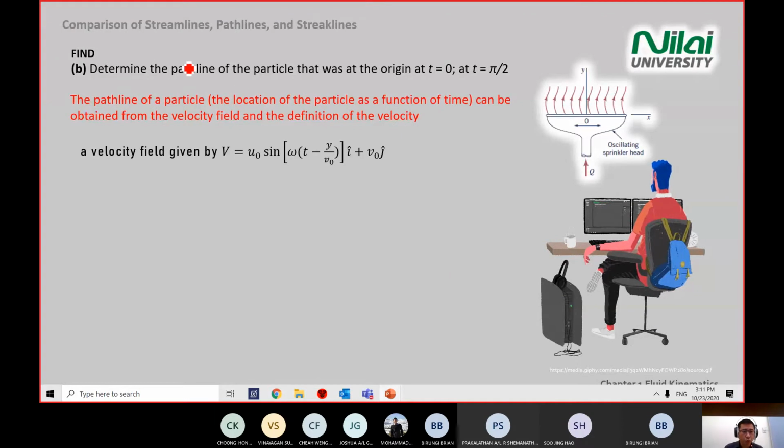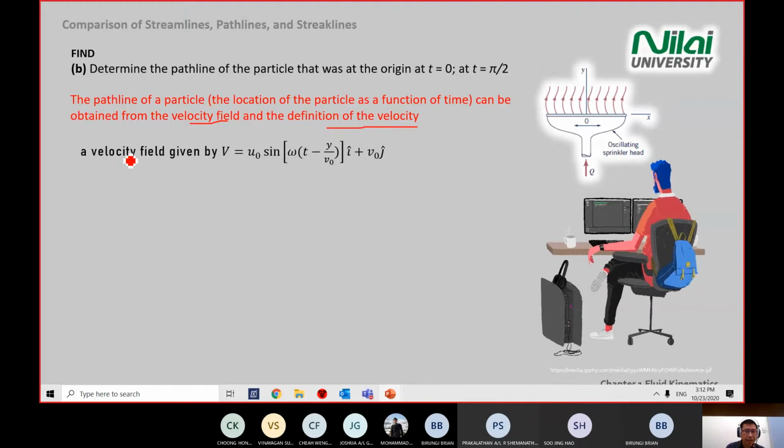Okay, we look at another one. We look at number 2, path line. Definition of path line is in a previous slide. We can obtain it from the velocity field and the definition of velocity. So again, you call back the velocity field from the question.